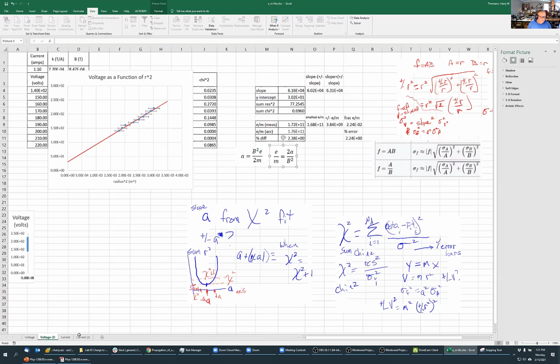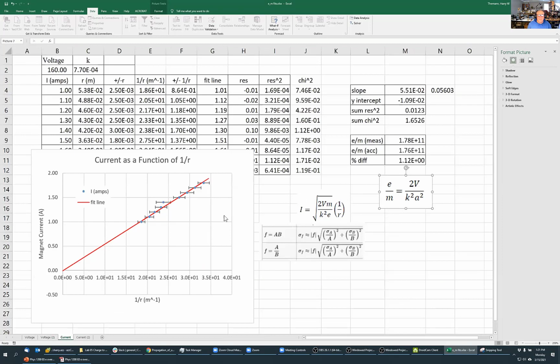But in this case, since the A is in the denominator and it's being squared, just knowing plus minus A is not enough to know what the plus minus E over M is, but I'll do a derivation for you because I don't expect you to know this stuff.